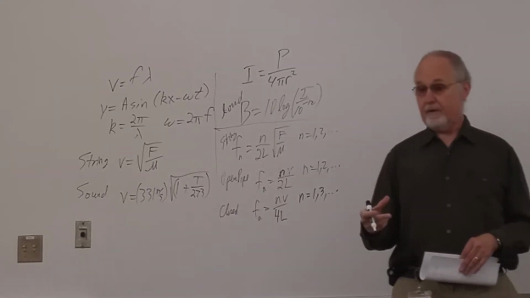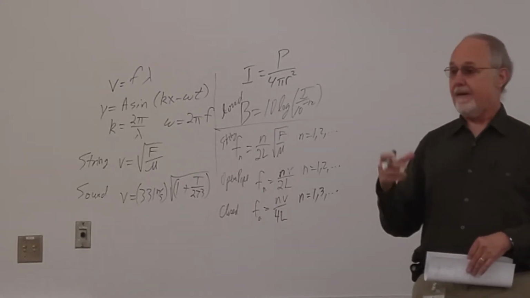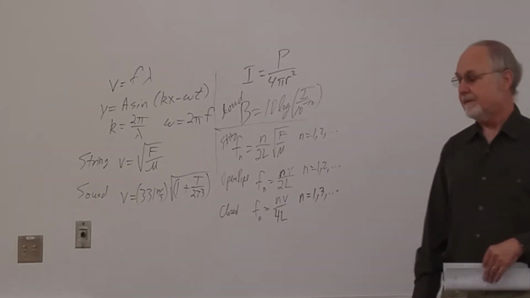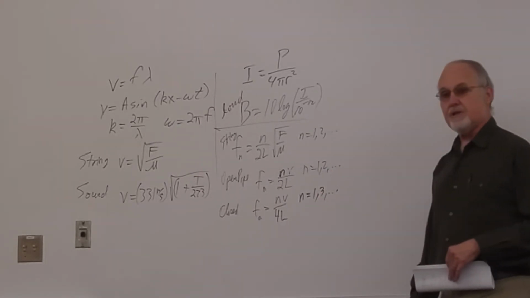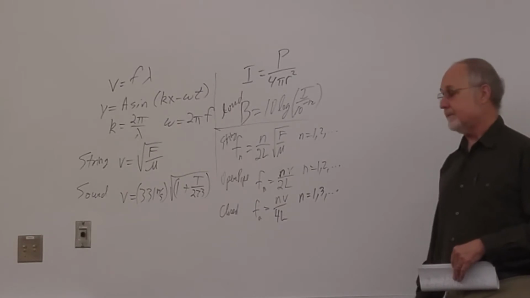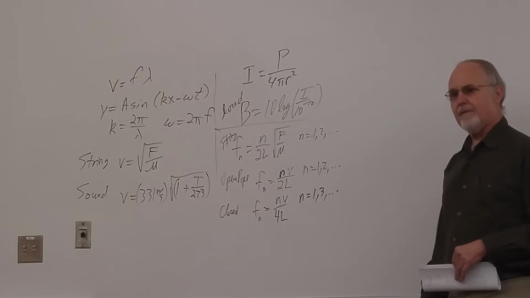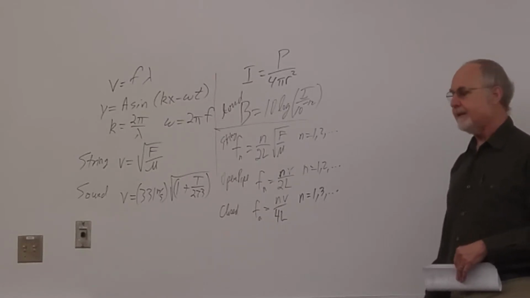So you got a quarter of a wavelength inside the pipe, or 3/4, or 5/4, or 7/4, as opposed to just the half of a wavelength, or one wavelength, or 1.5, or 2, or 2.5, or 3.